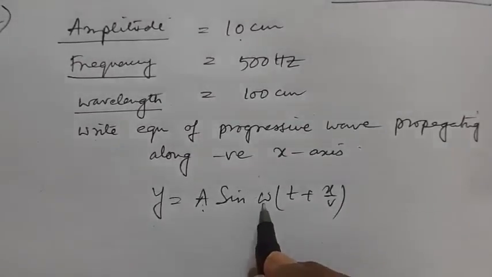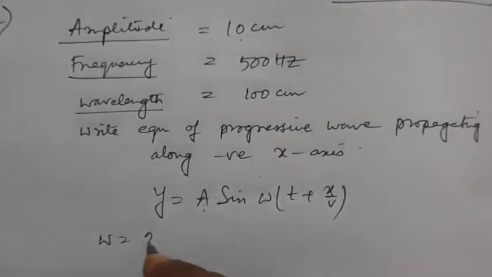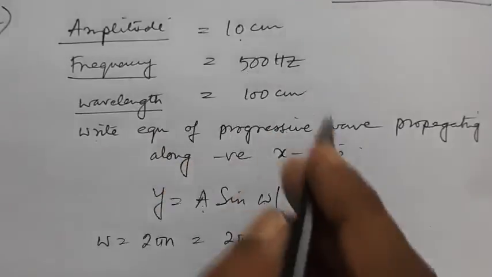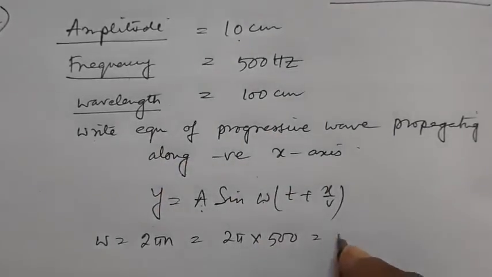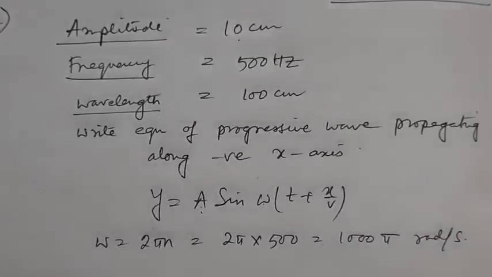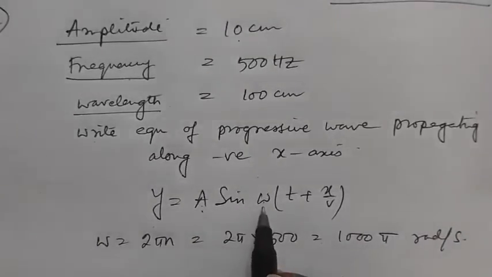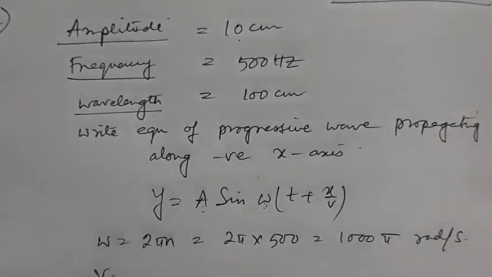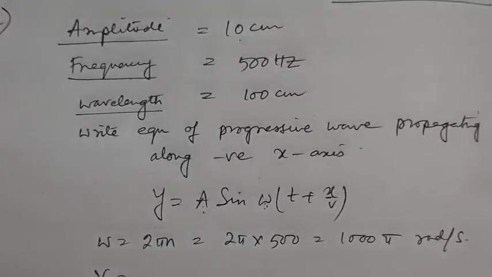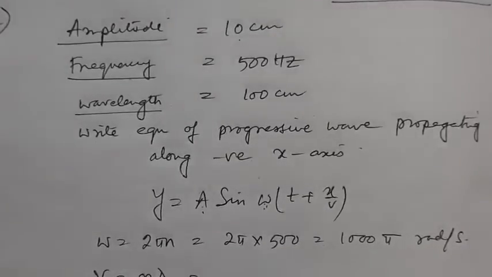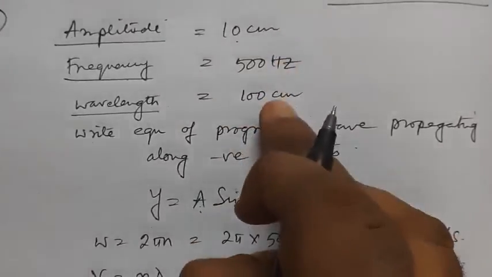Now what is omega? Omega is equal to 2 pi n. So 2 pi into n, meaning frequency 500 hertz, becomes 1000 pi radian per second. So we have already found out omega. Now what is v? V means the velocity of the wave. V is equal to n lambda. Now n means frequency and lambda means wavelength.